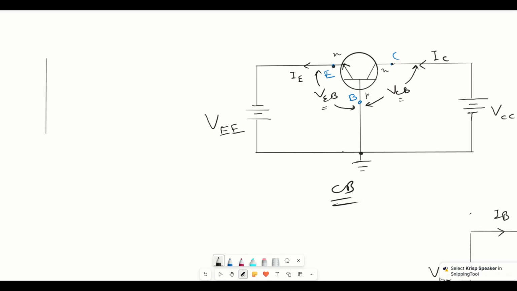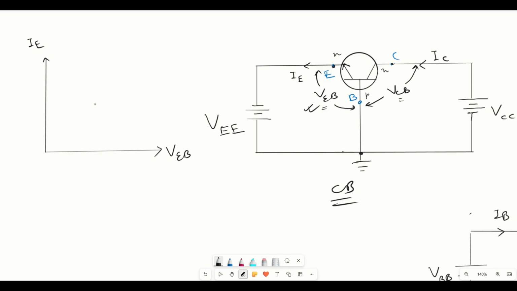Like the last example of common emitter, let's draw the x-axis and y-axis. Now the x-axis will be, as we know, voltage, and the voltage is VEB, right? And the current across the input is IE.